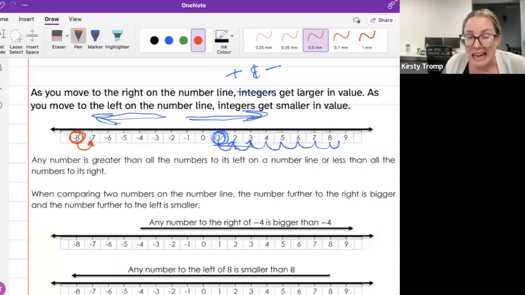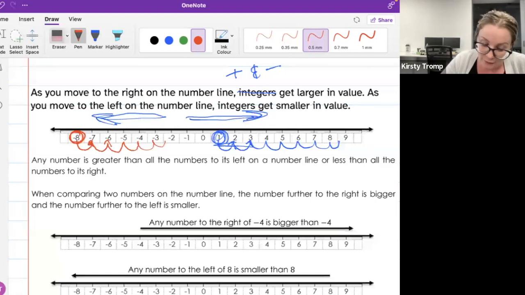That tells us that -7 is greater than -8. If we move over again, we get to -6, -5, -4, -3, -2, and we can move on and on. So as we move right, the numbers are getting bigger in value.